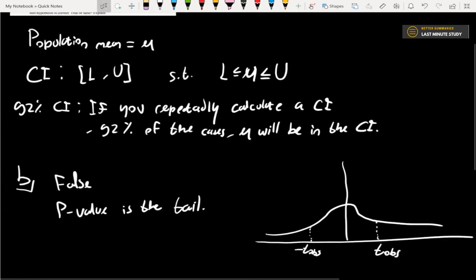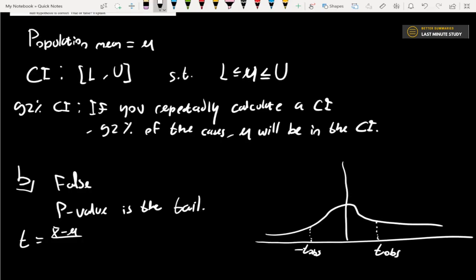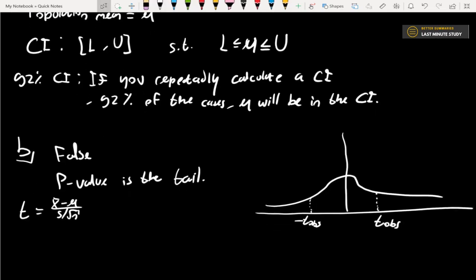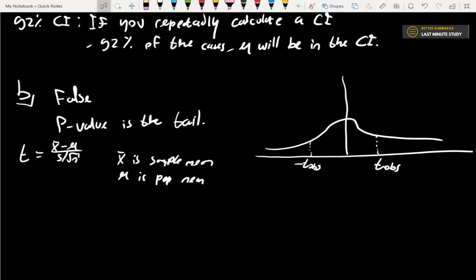So suppose we know that t is x bar minus mu over, not sigma, but s, over s over square root of n, right? Where x bar is the sample mean, mu is your population mean under H0, for example.